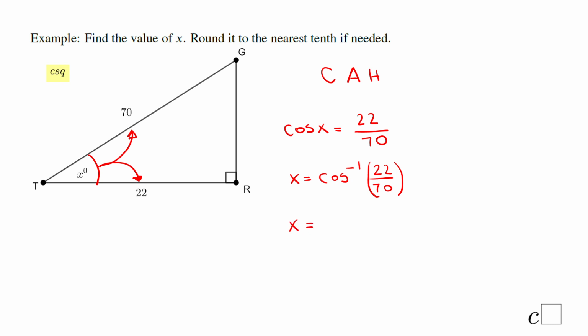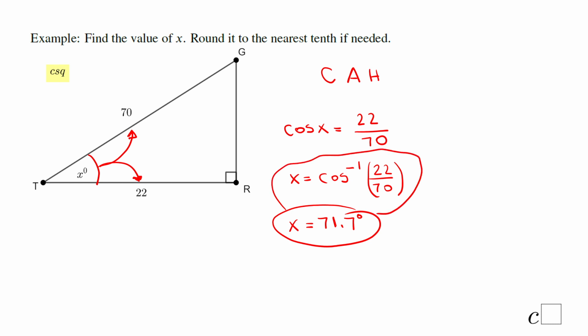Again, like I said, the calculator. I end up with 71 degrees 0.68. So 71 degrees 0.7, because I will write it to the nearest tenth. This is an evaluation. This is the exact value in this case.